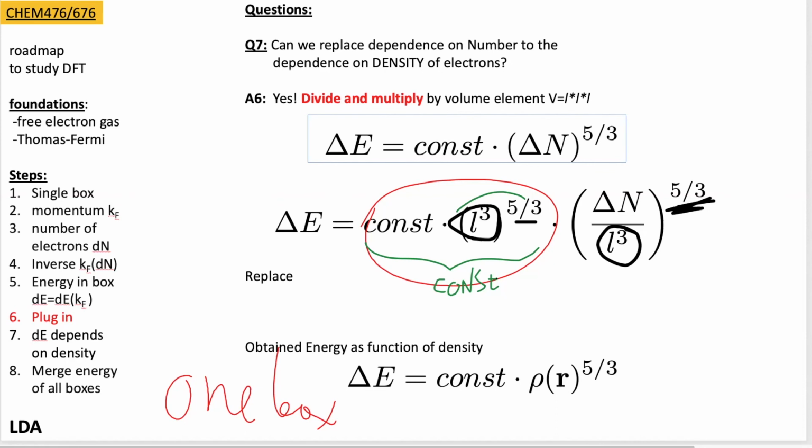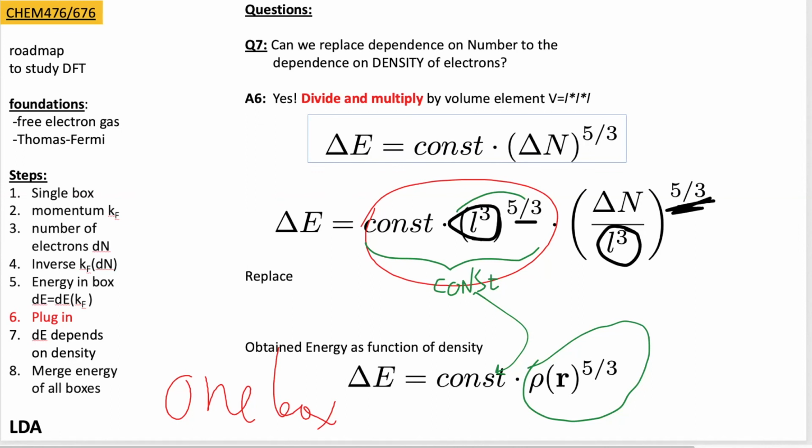And if you do this trick, then it will be a new constant here, and the density of electrons to the power 5/3 outside as the only important factor. So in each box, the energy of all electrons will be the density of electrons to the power 5/3.